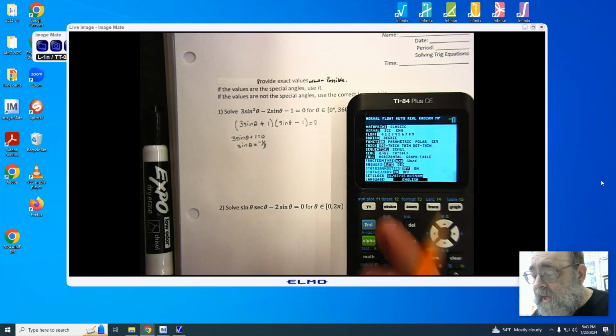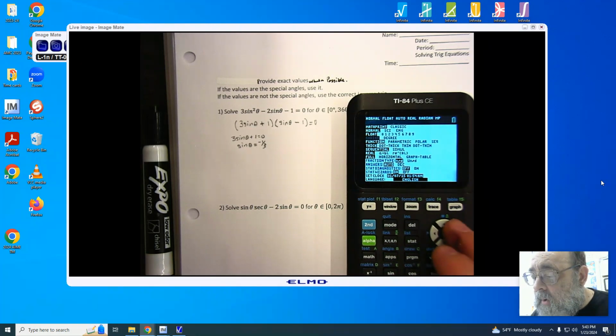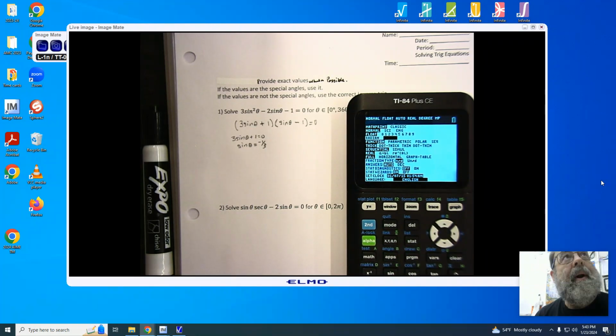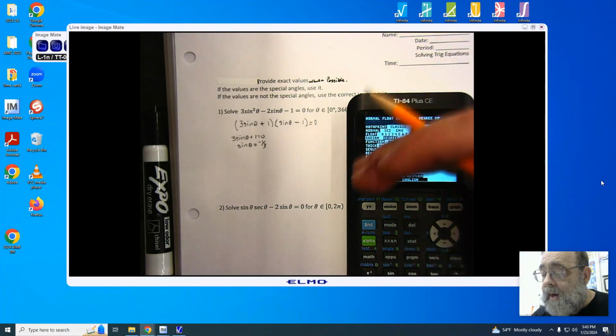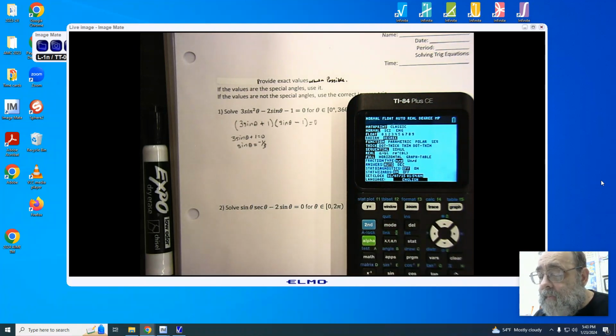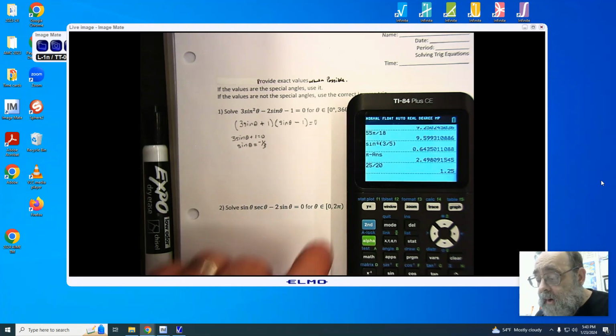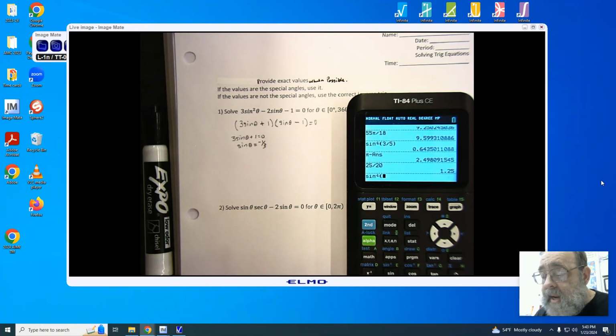Alrighty, so once again, I am going to put this in degree mode. We've talked about putting it in degree mode before. We bring it down to radians, we move it over onto degrees, and we click enter. Now, I'm going to use my arc sine. Now, please be aware, we know arc sine is only going to give us an answer that's a reference angle or the opposite of a reference angle.